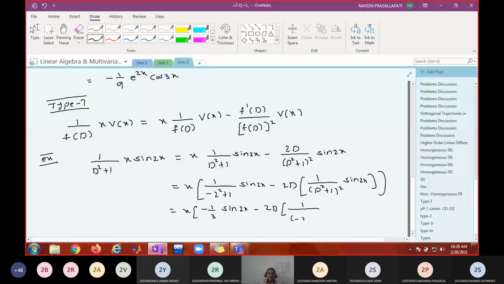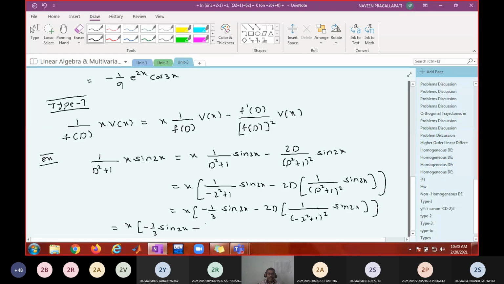So what is the final answer? x into minus 1 by 3 sine 2x, the constant can be taken out, minus, minus 4 plus 1 is minus 3, and minus 3 whole square is 9.